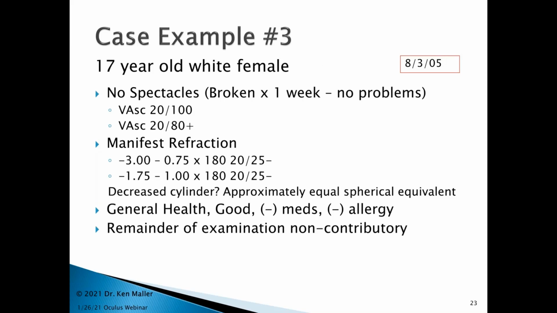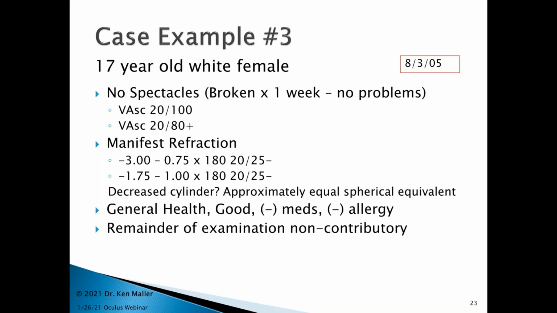She came back 3 years later. She's 17 now. This is 2005. She broke her glasses again a week earlier, and she'd had no problems with the glasses from when she was 14. Her vision in the right eye dropped a little bit, and even a little bit less of a drop in the left eye. You can see the manifest refraction, though, isn't really a lot different in spherical equivalent.